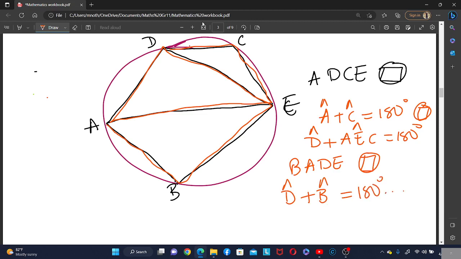The reason: the opposite angles of a cyclic quad. Also, we can say that angle A plus angle DEB is equal to 180 degrees. The reason is the opposite angles of a cyclic quad. Angle A and angle DEB are opposite angles of a cyclic quad.